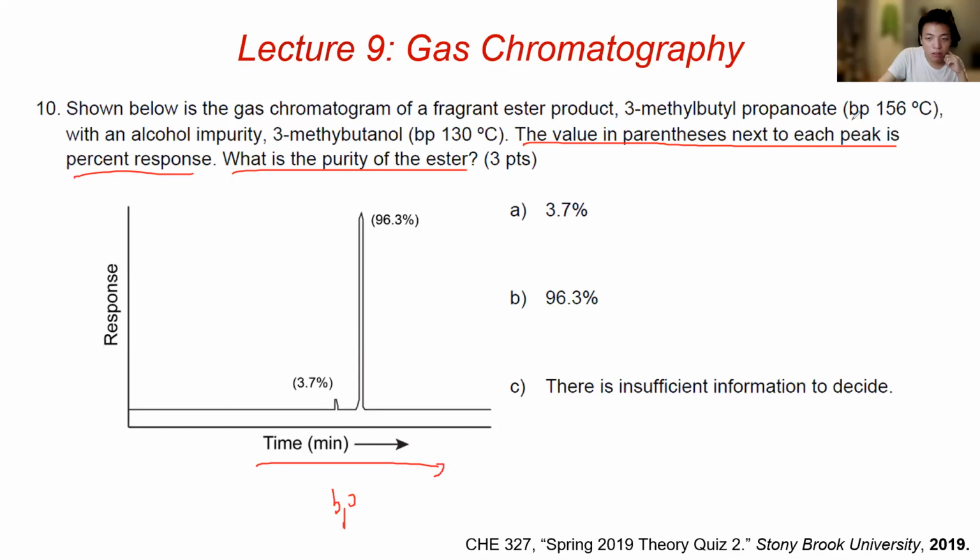We only have 2 peaks here, one at 156 degrees and one at 130. This one is the ester, because it has a higher BP. And this one is alcohol, because it has a low BP. So for that, the answer will be B.